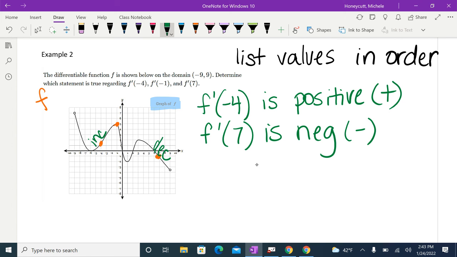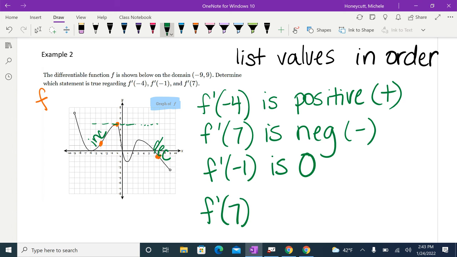And then at -1, we could draw a horizontal tangent line here. So I would know that f prime of -1 is 0, because we're also seeing a change from increasing to decreasing. So if I were to list these in order, the smallest one would be f prime of 7, because it's negative. That's less than f prime of -1, because that's 0, which is also less than f prime of -4.